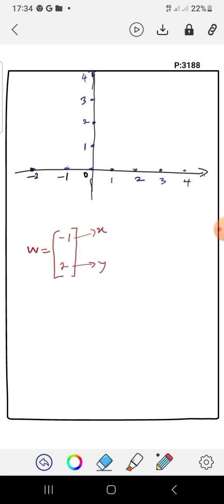So this is going to be -1 here, and 2 there. So at that point, that's the point -1, 2, that's the coordinate of that point. And if you pick an arrow, it goes straight down like that, then that is our vector.